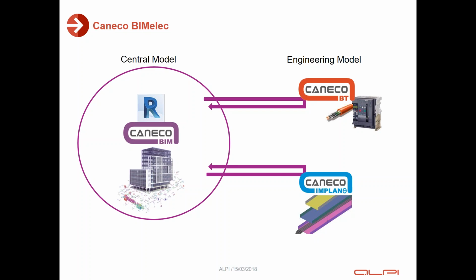And we use this to automatically create in Canico BT a network calculation with everything you need with respect to the standards, like cable calculation and selectivity, and all the things that you have to do separately, we are doing automatically. I will show you live. If you have any changes inside the network or cable calculation, you can update your calculation information into the central model. So you can give it to Canico BT and you can bring it back.